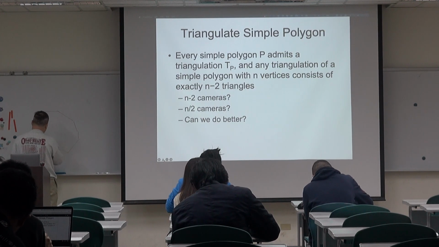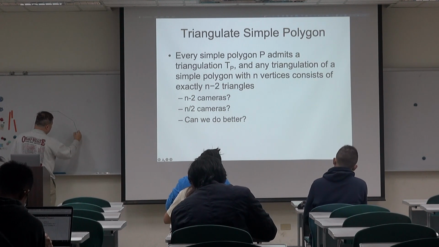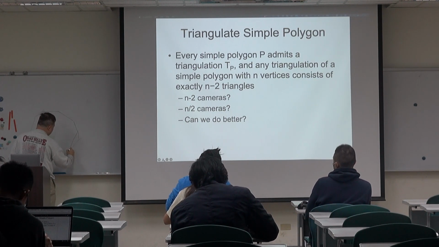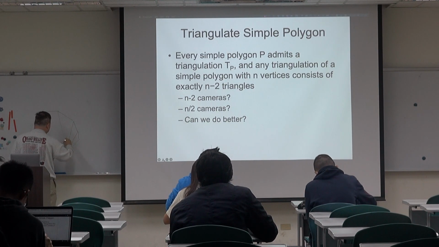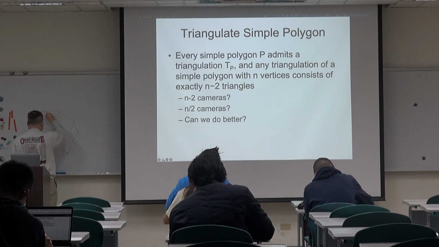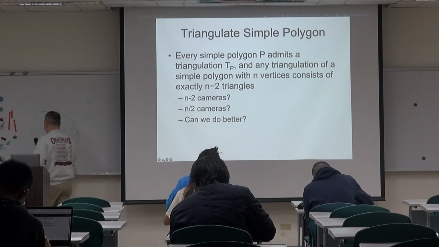So you can just start from any vertex and then try to add the diagonal lines, right? And this will end up with some number of triangles.